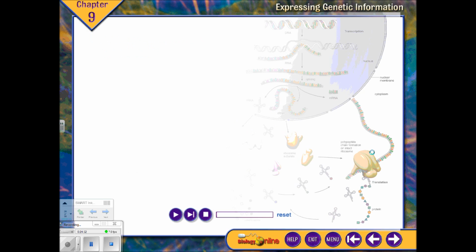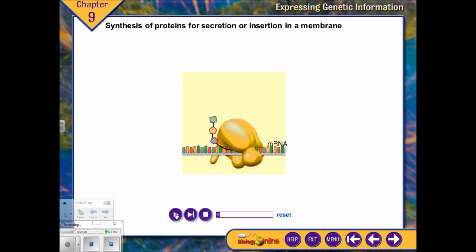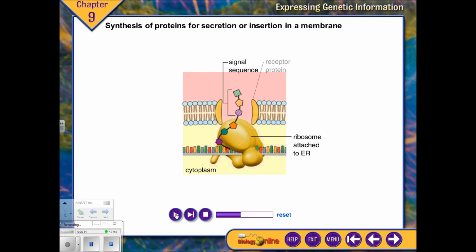Okay, let's check this out. Proteins that will become part of membranes or leave the cell are made by ribosomes that are bound to the endoplasmic reticulum, or ER. The first few amino acids of these proteins are the signal sequence that directs the ribosomes making them to the ER. The signal sequence binds to a receptor protein in the ER membrane.